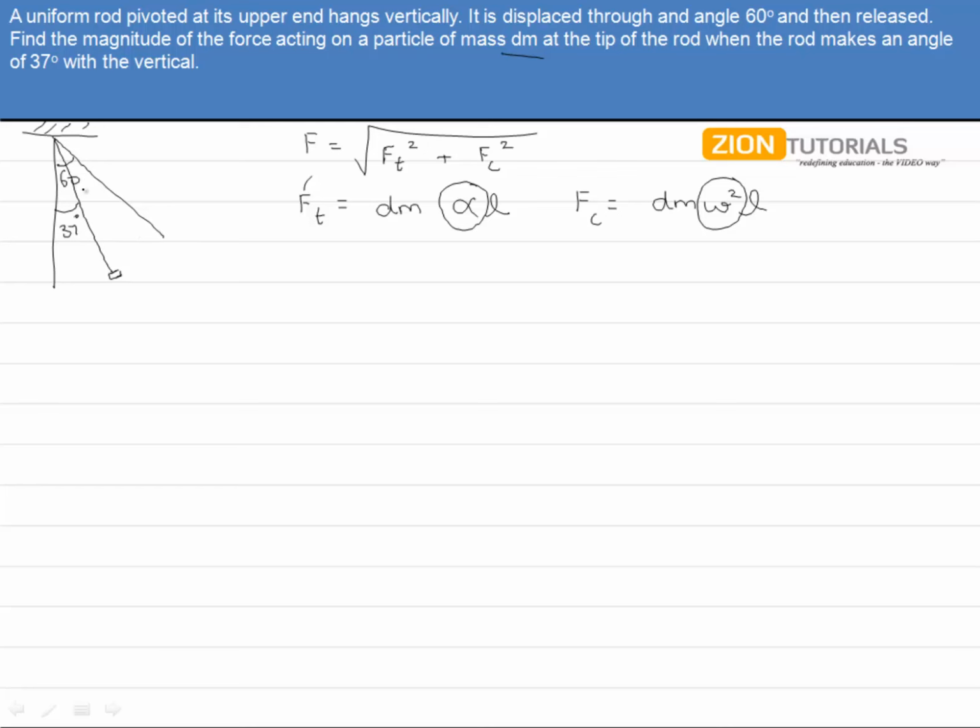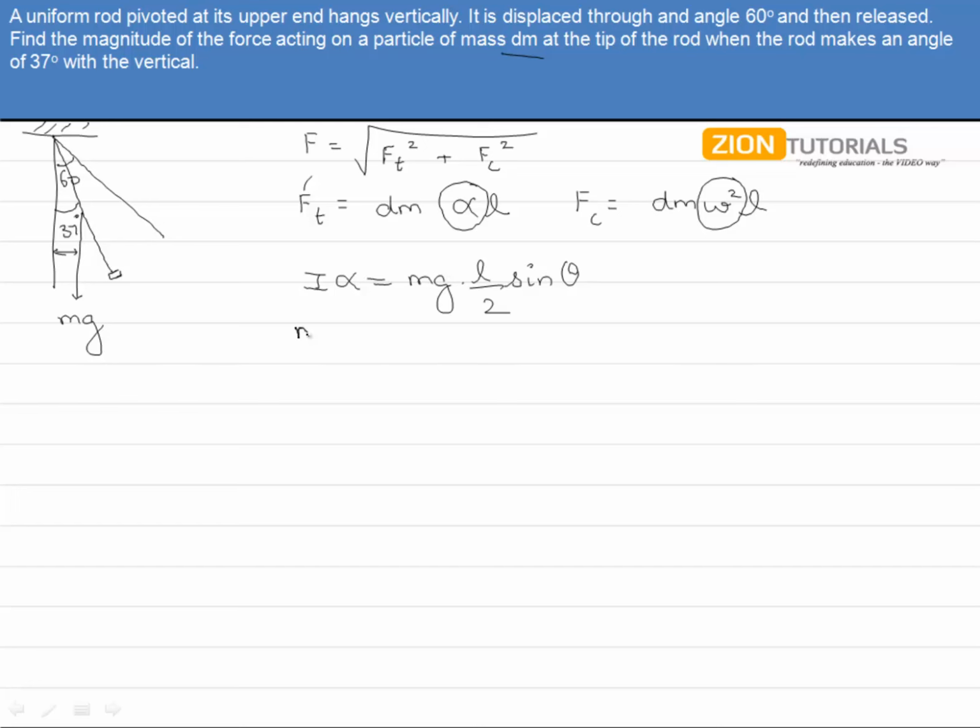Now friends, if we look at this rod, forget the particle, the rod is rotating about the hinge, and there will be an mg force at the center of mass in the downward direction. So we can write a relation for torque: I alpha equals mg into L by 2, because the center of mass is at L by 2, times the perpendicular distance factor sine theta, where theta is 37 degrees.